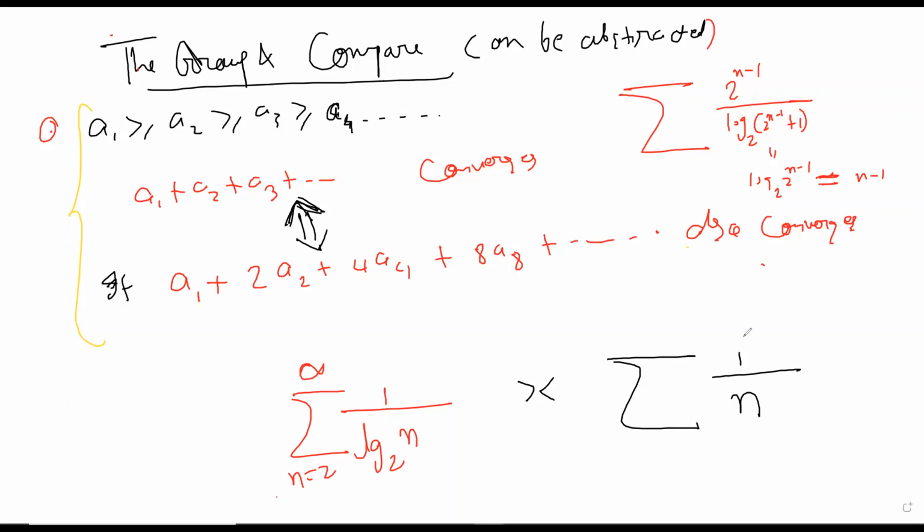And here it is 1 by log 2, 1 by log 3. If I take log, the value decreases, because log is the power that you need to raise the base to get n. So the overall term increases, and it's obviously diverging. This was an obvious thing, right?